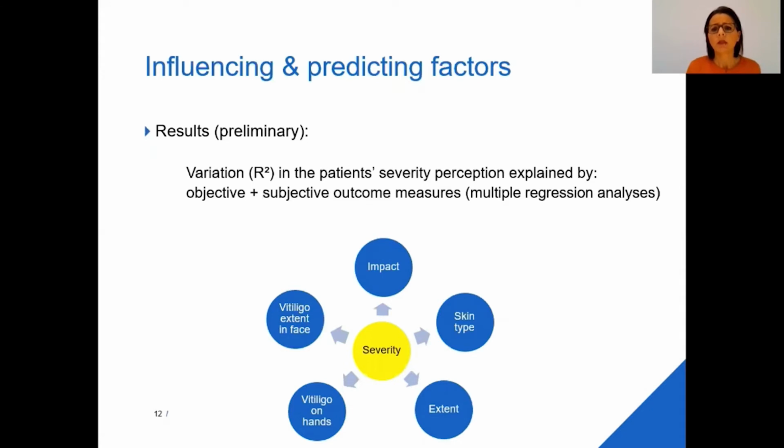This was investigated by multiple regression analysis. We could see that severity was influenced by 5 factors, including impact, skin type, extent of the disease, vitiligo on the hands, and vitiligo extent in the face.